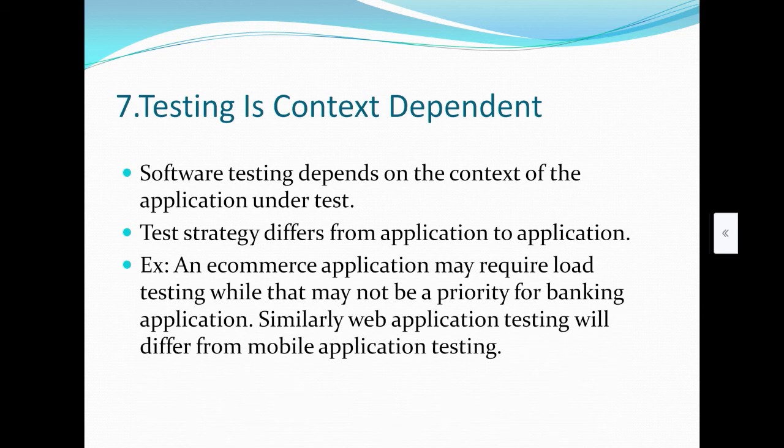To give an example, for an e-commerce application, we may require load testing, while that may not be a priority for a banking application. It makes sense because e-commerce applications experience heavy load during the festive season or during sales, so load testing becomes a priority for them, but that may not be a priority for a banking application.